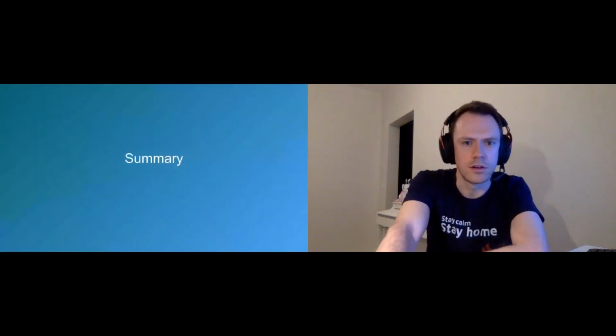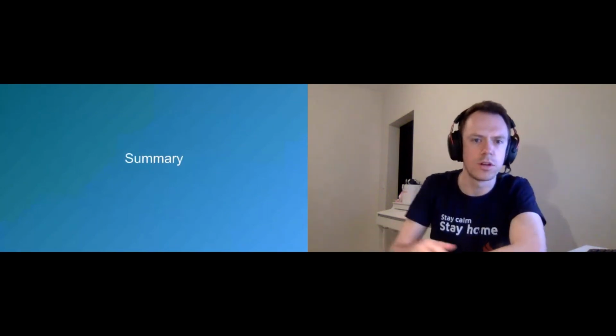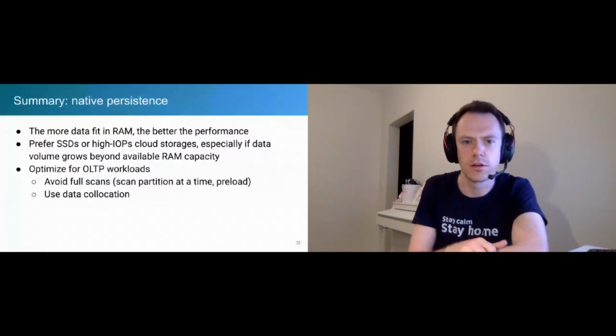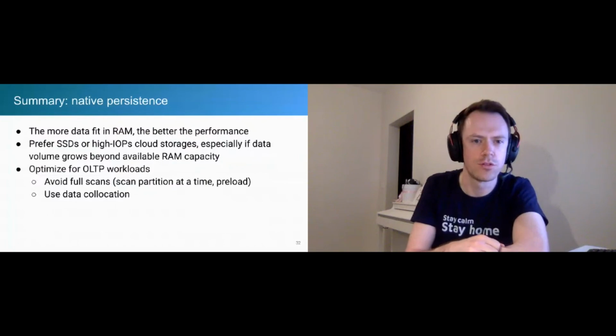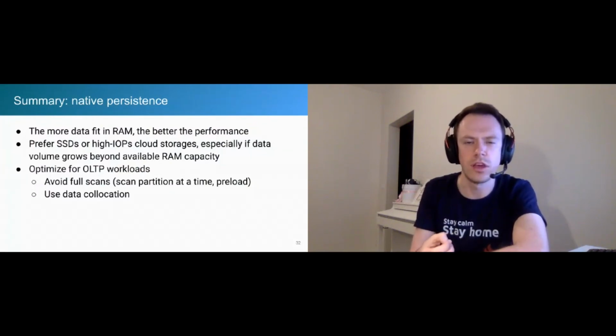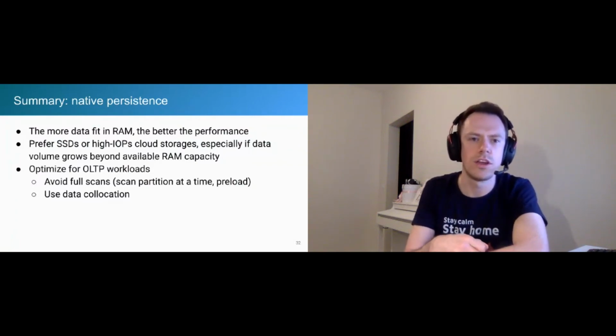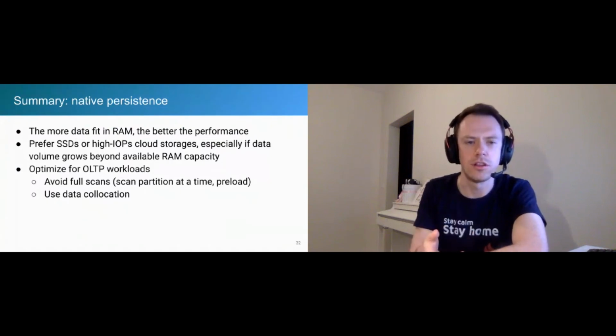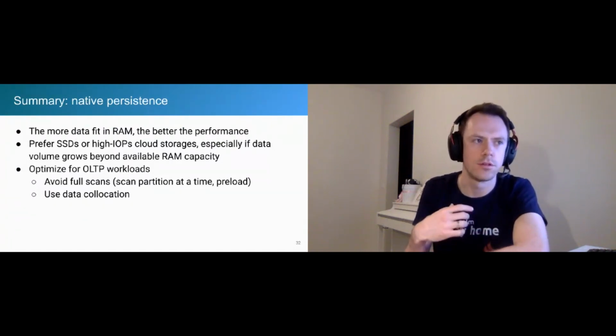So let's recap what we saw from the architecture point of view and from the implementation details. First of all, remember that if you have more data than available RAM, you would eventually hit disk when you read data. Thus, the more data fits in RAM, the better the performance.